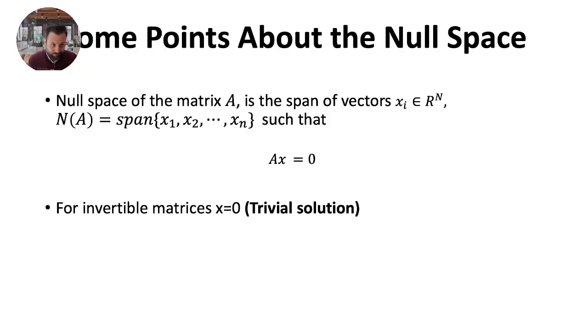Obviously, for invertible matrices, there's only one input x that goes to zero, which is the zero vector. But acknowledging that a set of vectors drops to zero is important.